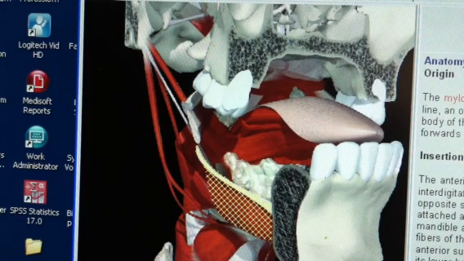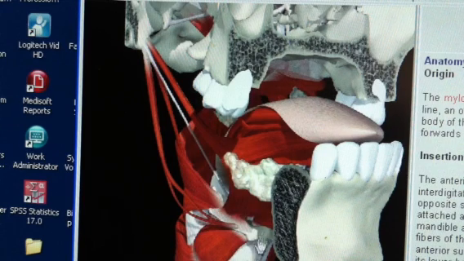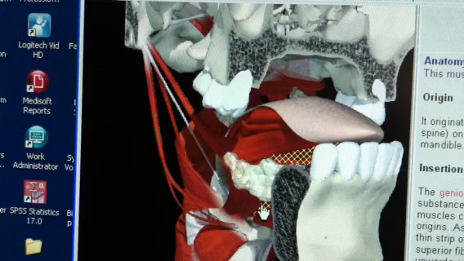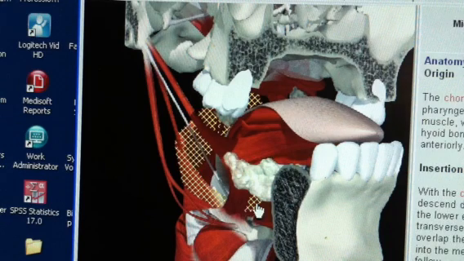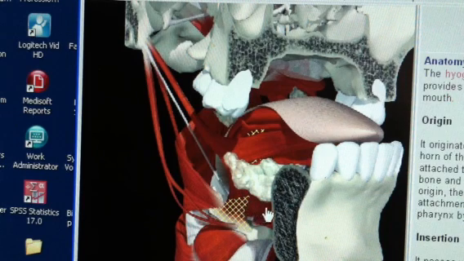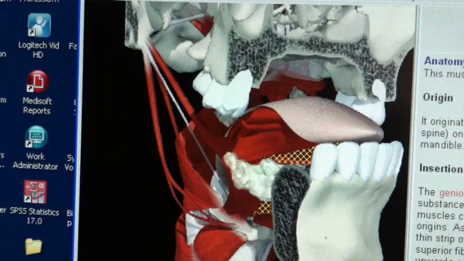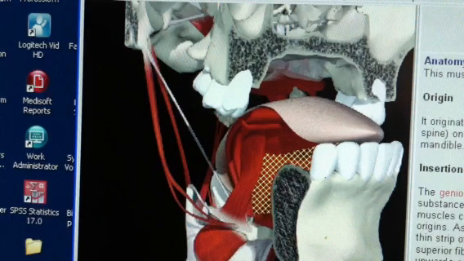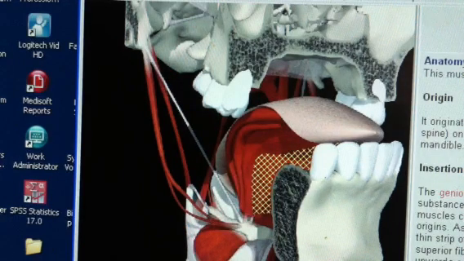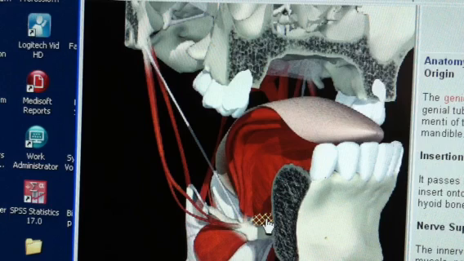Mylohyoid. Those are the muscles of the tongue. All right, here is the geniohyoid.